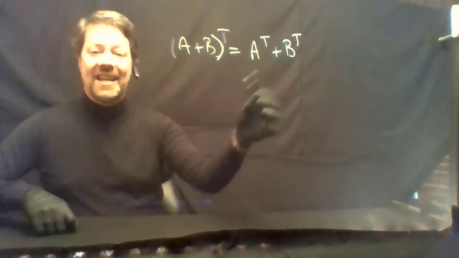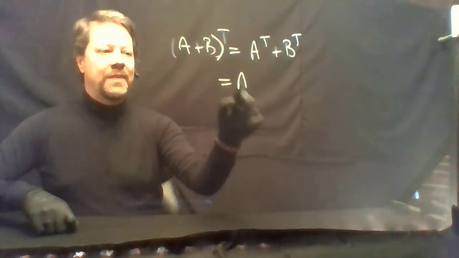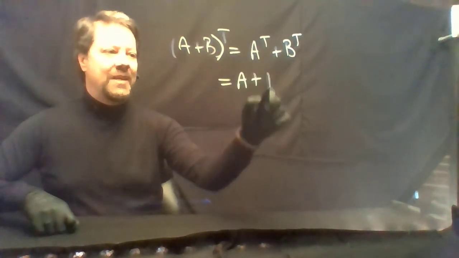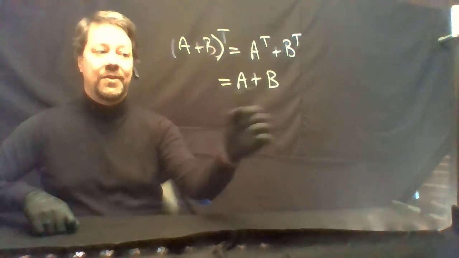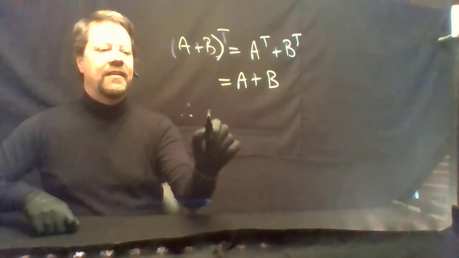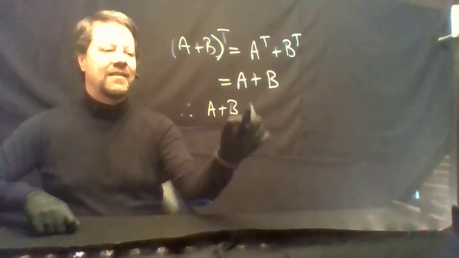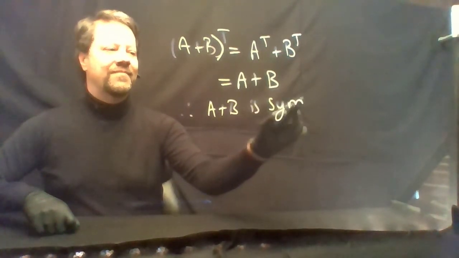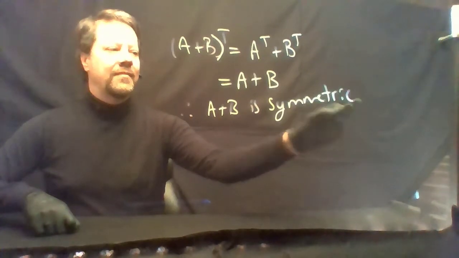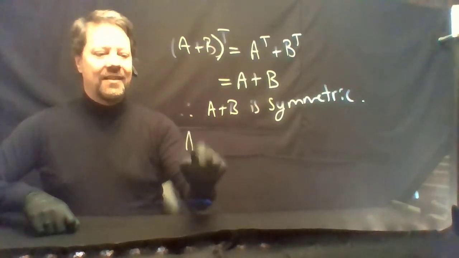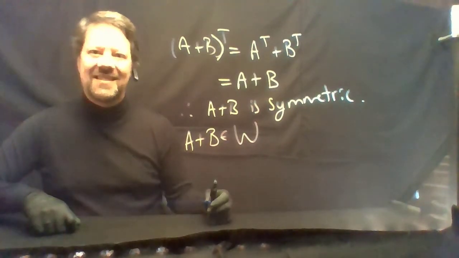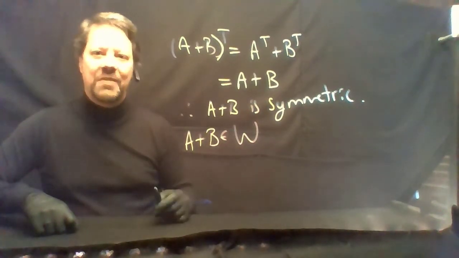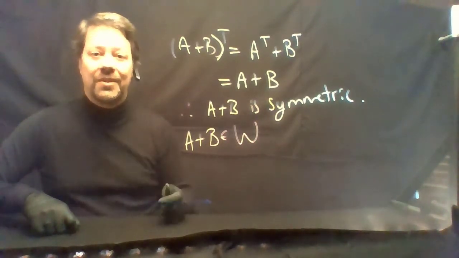We've assumed that A and B are symmetric, which means A transpose is A and B transpose is B. But that just tells us A plus B transpose is A plus B. Therefore, A plus B is symmetric. That means A plus B is an element of the proposed subspace. There's only one more condition to check, and that is closure under scalar multiplication.